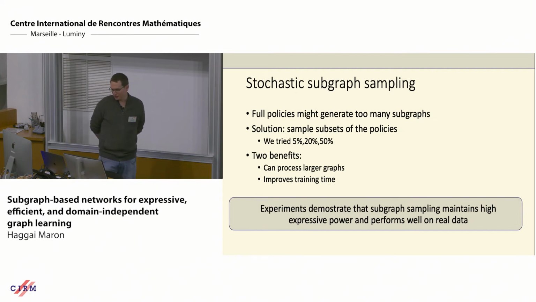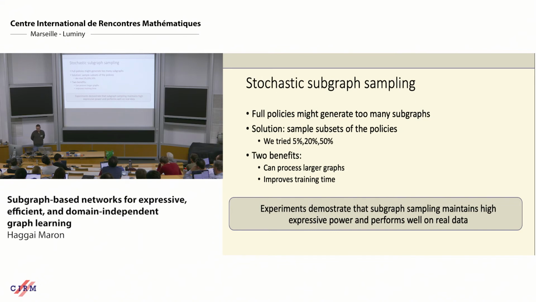The main benefits we get from that is that we can process larger graphs, and it improves the running time significantly. The problem is that we might represent the same graph in a different way. So there is some kind of extra knowledge that the network should be able to understand in order to map those two graphs into the same place. In our experiments, we show that this works quite well.